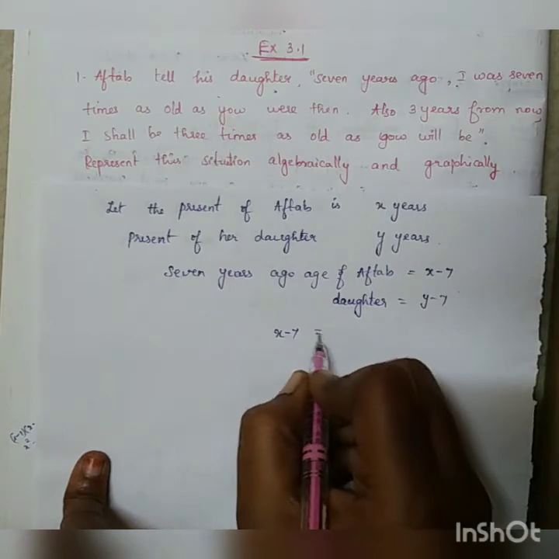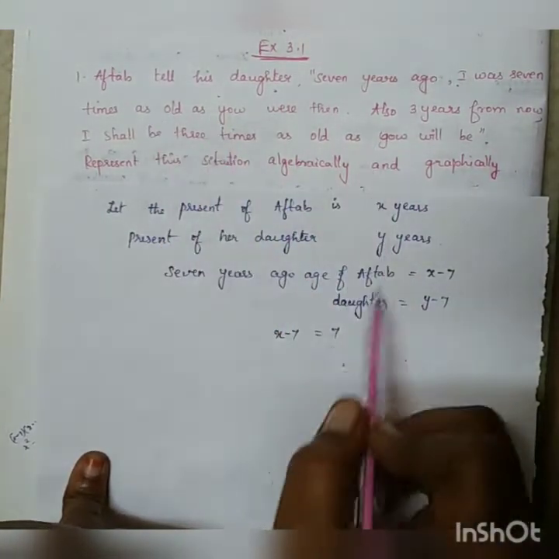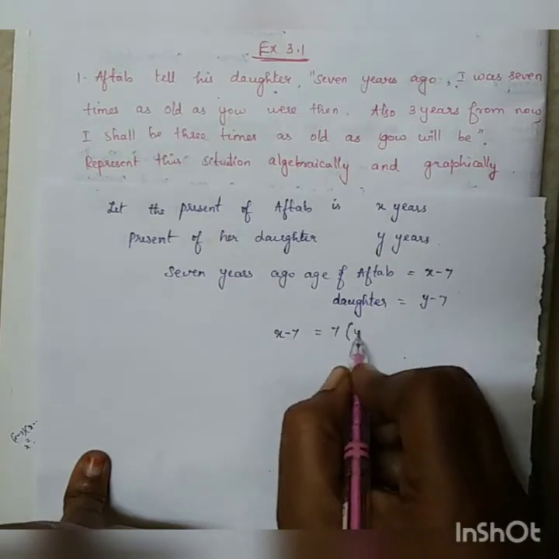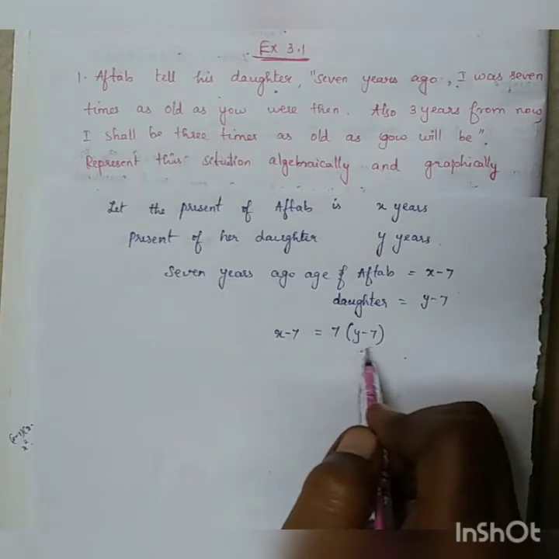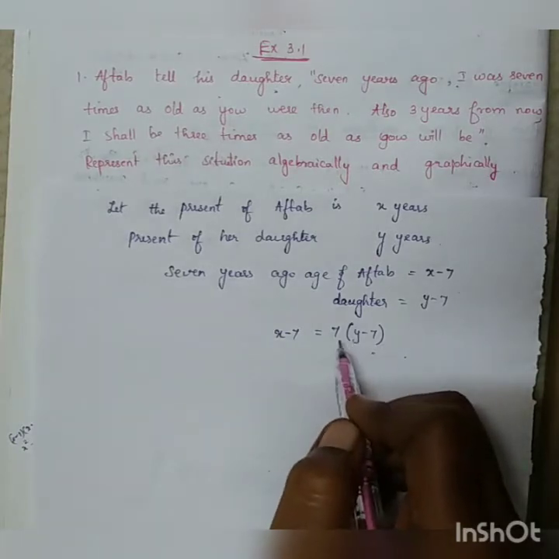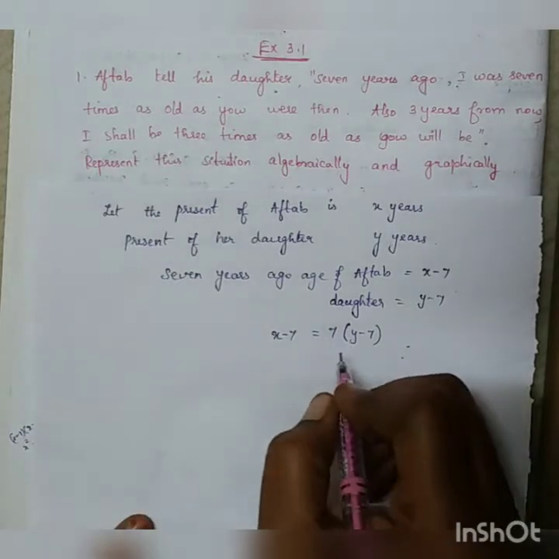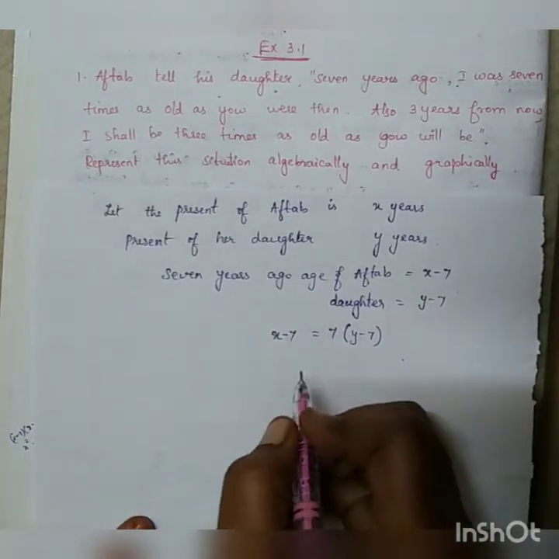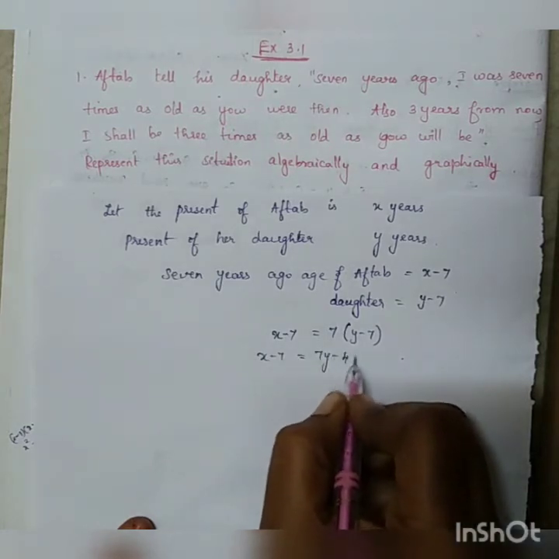Now what they are saying: I, that means Aftab, was x minus 7. Aftab was 7 times as old as you, meaning the daughter, that is y minus 7 then. At that time, whatever your age was, if you multiply it by 7, that will be my age. Now we have to write this as an equation. Now x minus 7 is equal to 7y minus 49.